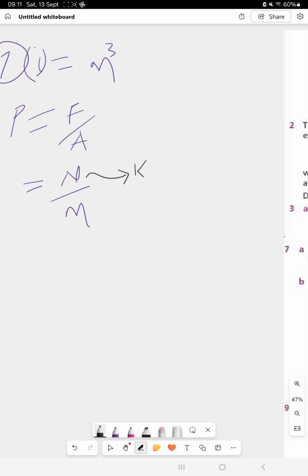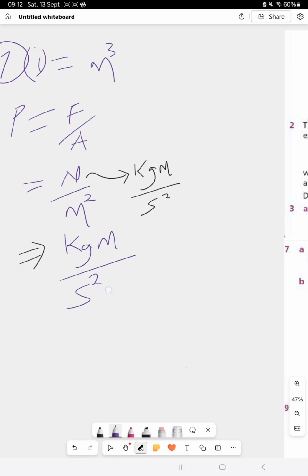Don't forget, Newton is the same as kilogram meter per second squared. And therefore, substituting it here, I'll have my answer as kilogram meter over meter squared over s squared meter squared.